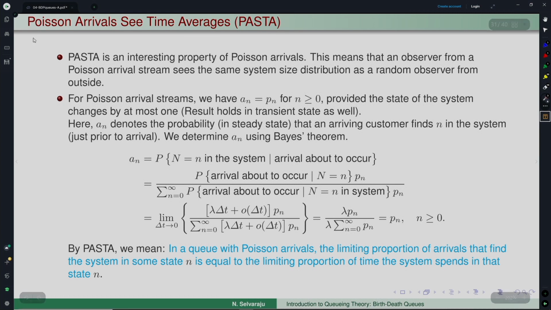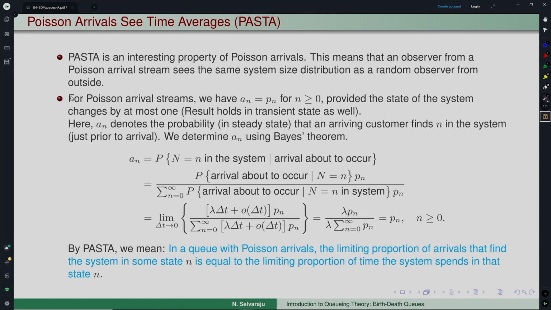That is what is called Poisson Arrivals See Time Averages, or in short, the PASTA property. So, we will simply call it the PASTA property. This is an interesting property, and what it means is that an observer from a Poisson arrival sees the same system size distribution as a random observer from outside.